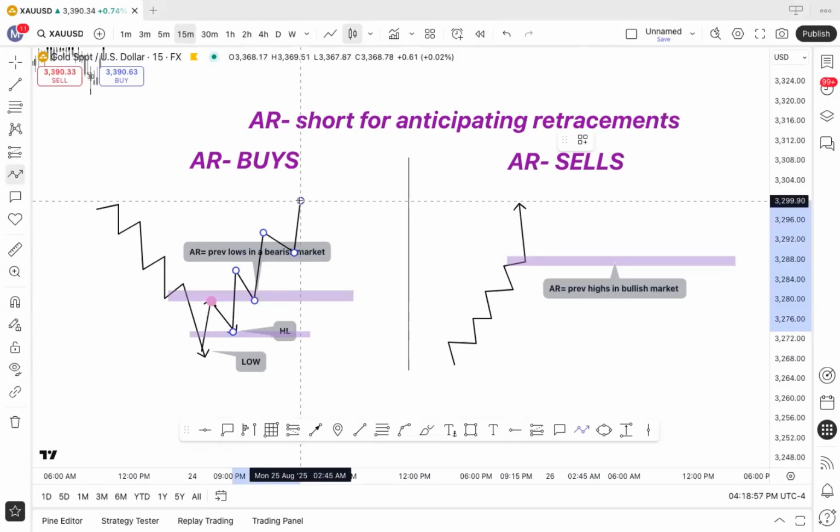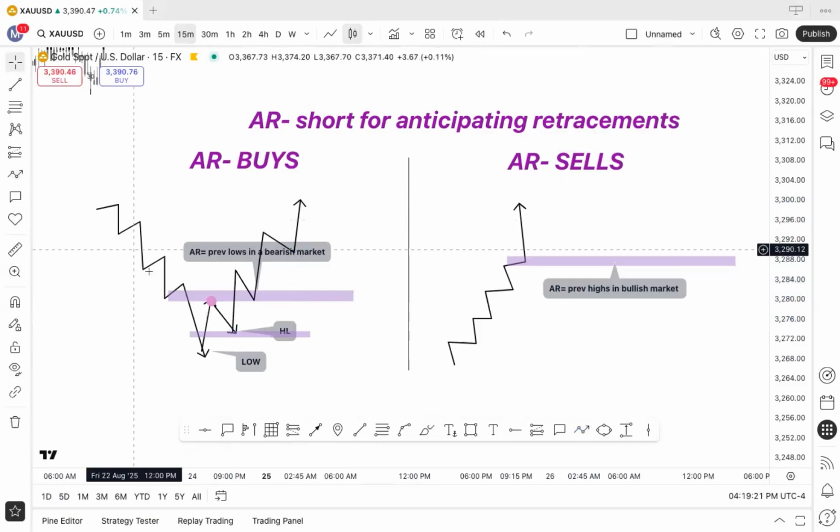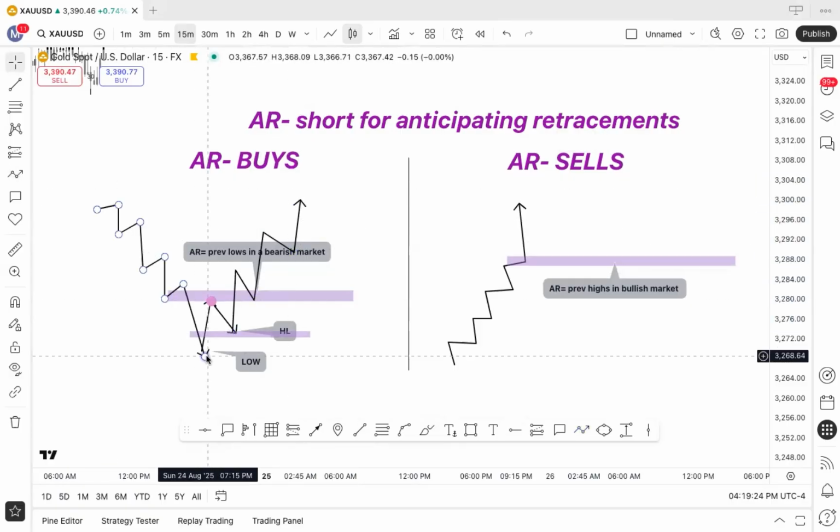And it's really that simple. As far as anticipating retracements for sells, guys, you are going to be seeing bullish structure on the left, and you're thinking that price is going to change trend direction, so you're going to see bearish structure on the right. For buys, we saw bearish structure happening here. We maybe formed some type of support, and now we're trying to think, okay, we could potentially keep pushing up to create bullish structure.